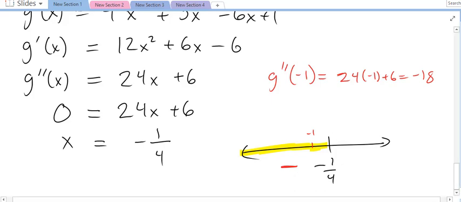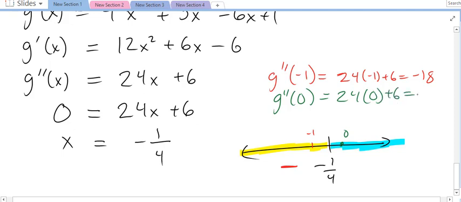And then on the other side, if I want to pick a point here, again, maybe 0 is convenient. So you pick 0 here, and then g double prime of 0. Well, that's pretty easy. We just get 6. And so over here, it's going to be positive.